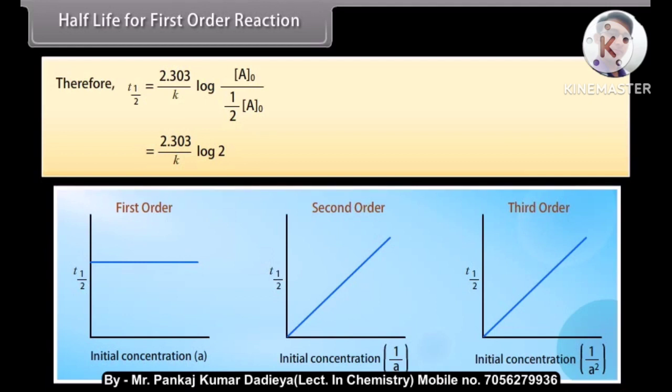It can be written as t half is equal to 0.693 divided by K.